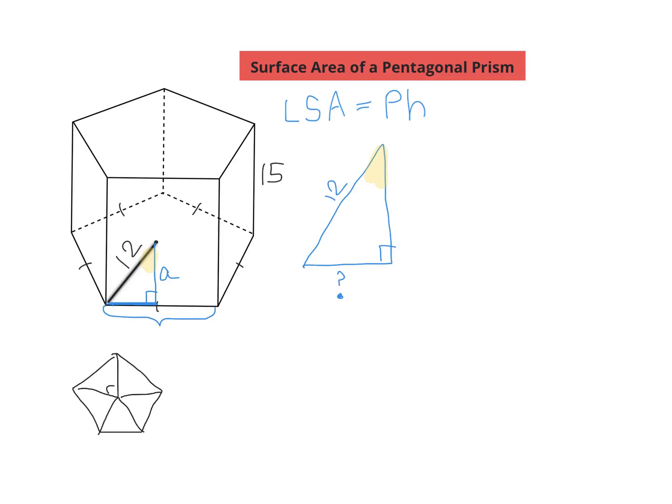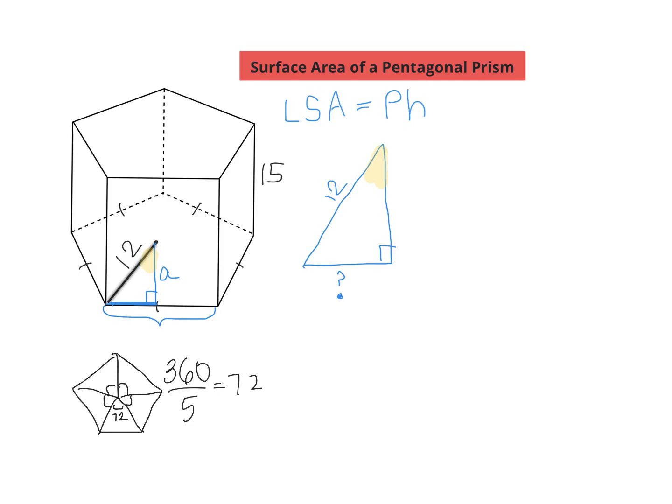Each of these triangles, the top angle has to be such that I can do 360 degrees, since it would create that circle, divided by 5. So it's going to be congruent 72 degree angles right here. All of those would be 72.